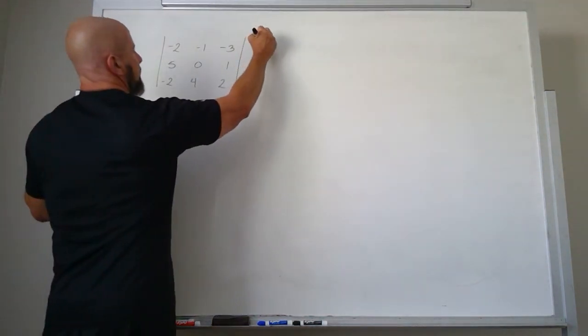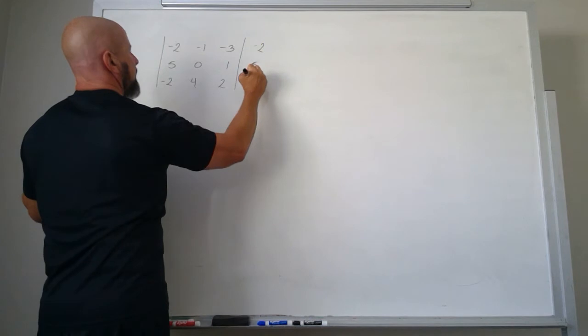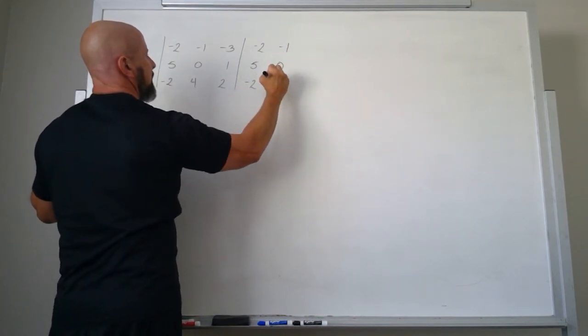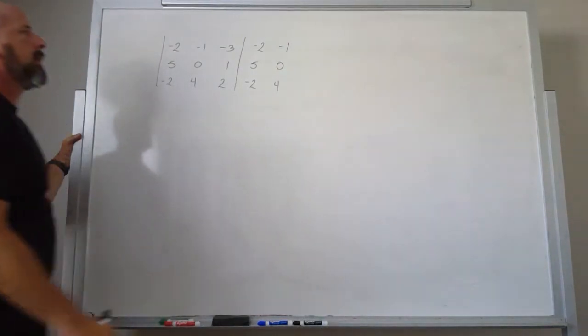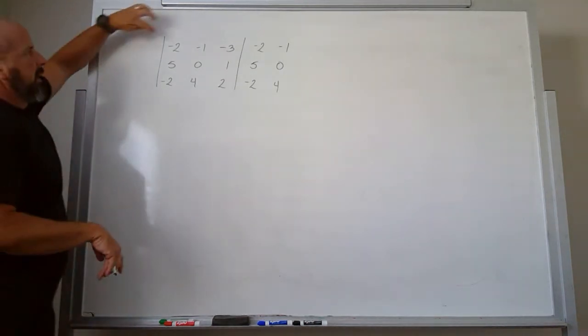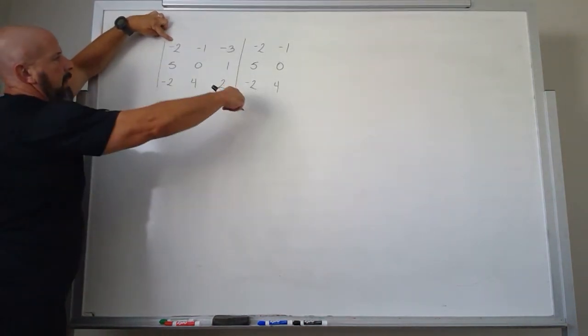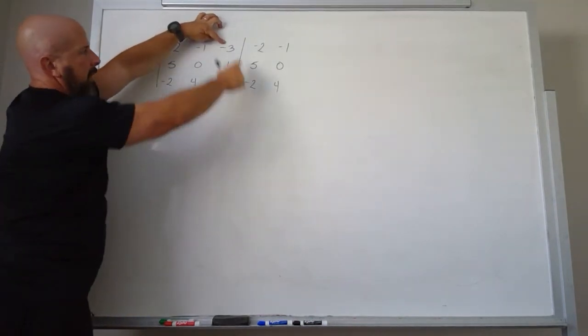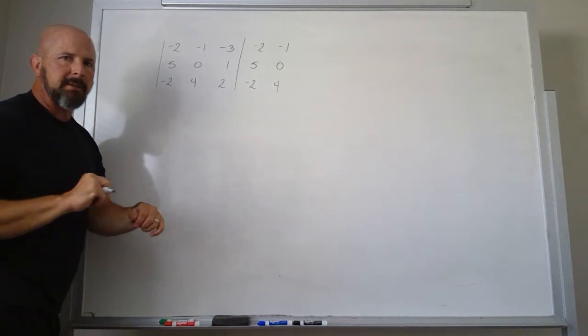So we're going to have negative 2, 5, negative 2, negative 1, 0, 4. I get those rewritten. Now we're going to move diagonally. So I'm looking at negative 2, going down, then negative 1, going down, then negative 3, going down, all plus.